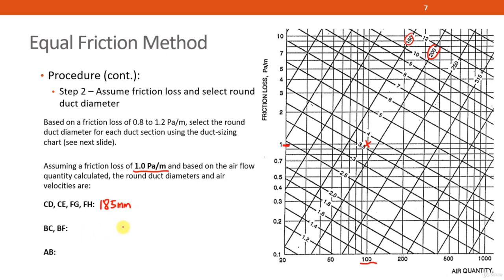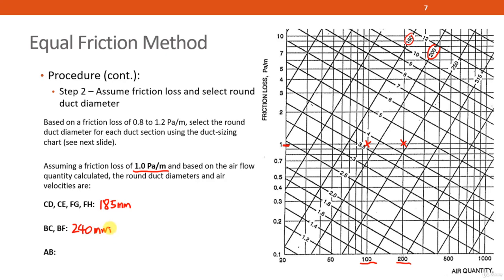How about 200 liters per second, which is the middle section? 200 liters per second is over here. After you plot the point, you can read off the round duct diameter again. This is quite close to 250 mm, so 240 mm will be a good estimate.